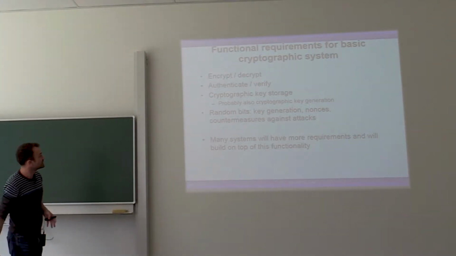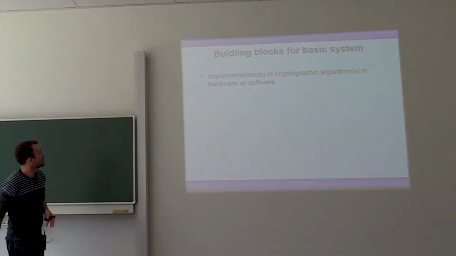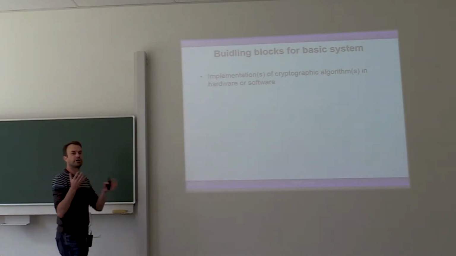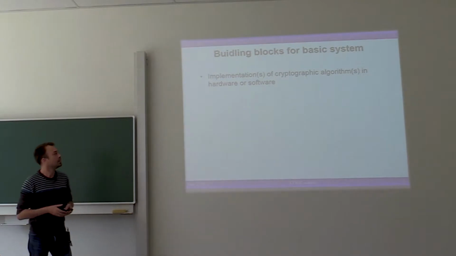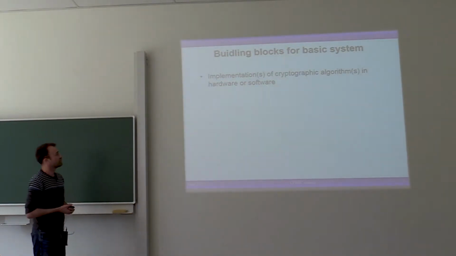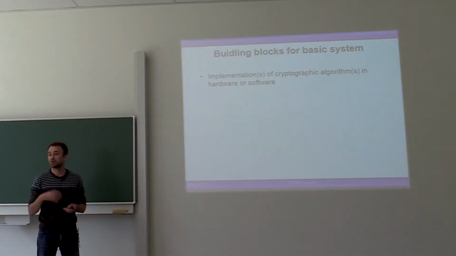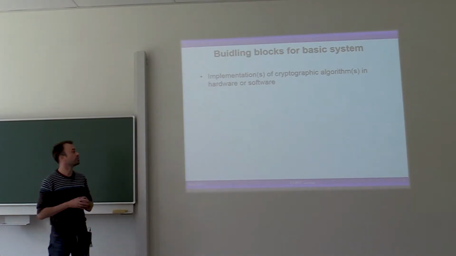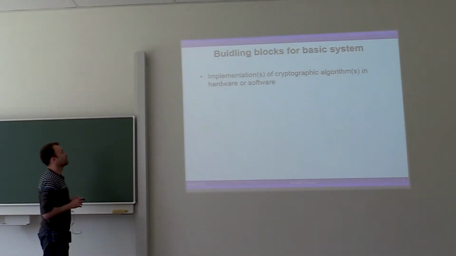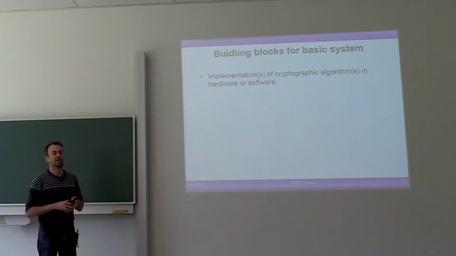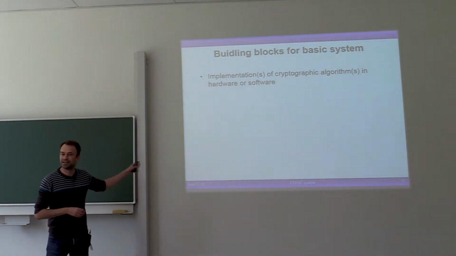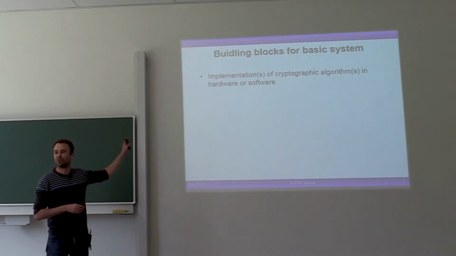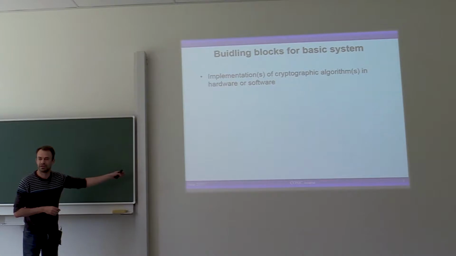So these are the requirements, how we're going to build this. So of course, in order to be able to encrypt, decrypt, or authenticate, verify, we'll need some implementations of cryptographic algorithms. Hardware, software. Today we'll speak about both a little bit. Something that is essentially so important that I forgot to put it on the slide is that, of course, we want these implementations to be efficient.